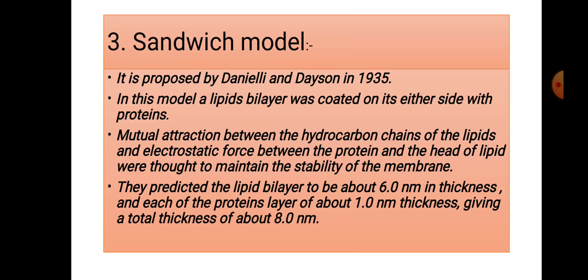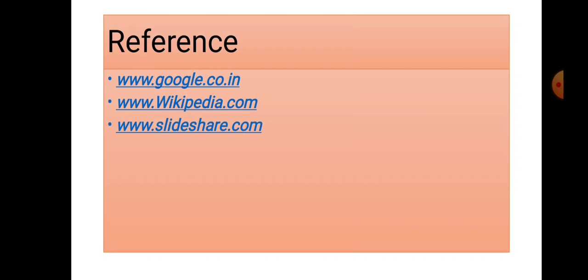They predicted the lipid bilayer to be about 6.0 nanometer in thickness and each of the protein layers about 1.0 nanometer thick, giving a total thickness of about 8.0 nanometer.